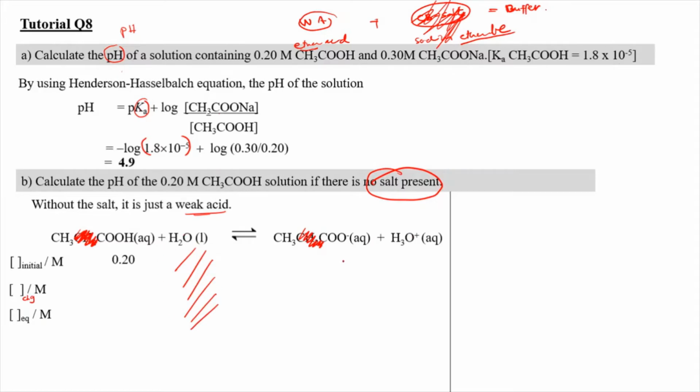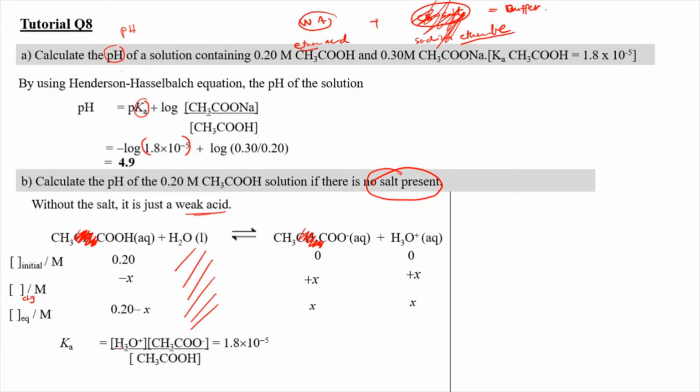Meanwhile, the ions are going to be 0 and 0 respectively. For the change in concentration, the reactant is going to reduce by minus x. For the product ions, they are going to increase by plus x and plus x respectively. So at equilibrium, we're going to get 0.2 minus x, x, and x. So in order to find the pH, we need to find the value of x first. So we're going to relate that with our Ka.